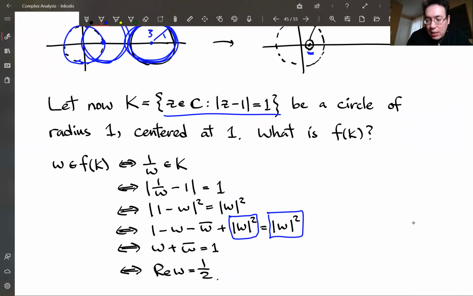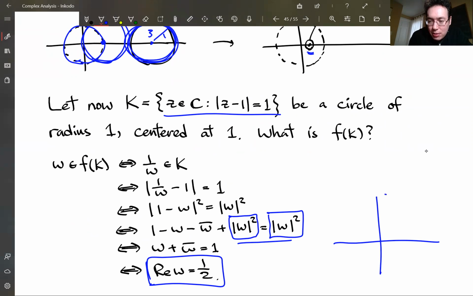In this setting, it just so happens that they cancel out. So you don't have the W squared term anymore, and what's left is an equation of a line. So the real part of W equals 1/2. So that's a vertical line that looks like that.